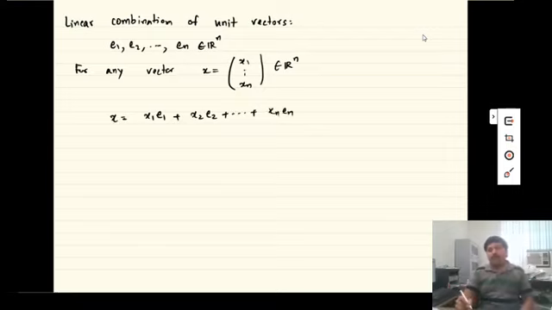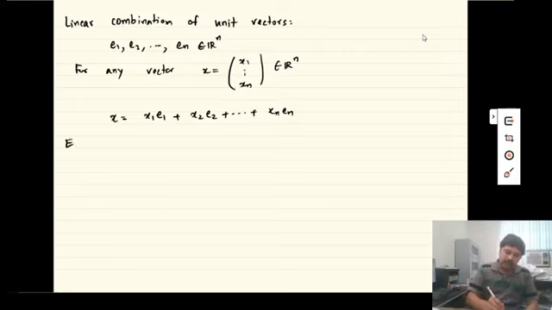So a very interesting thing to observe here is that every vector x in Rn is a linear combination.